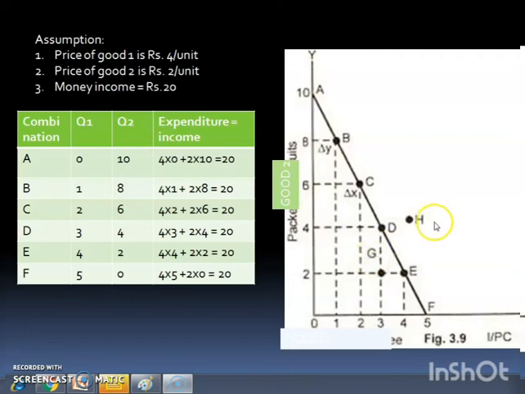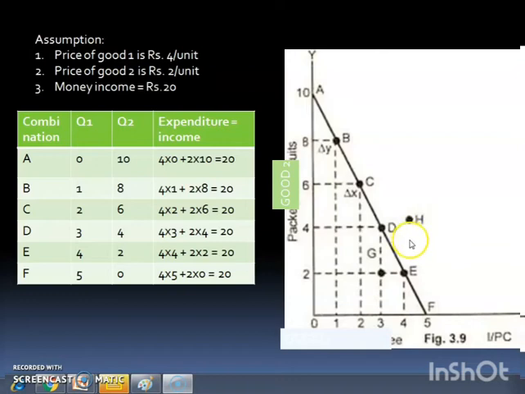Then the point H. Here point H is a non-attainable combination, or is beyond the income level of the consumer. So it is a budget constraint. The point H is the budget constraint, where expenditure is greater than the income of the consumer.